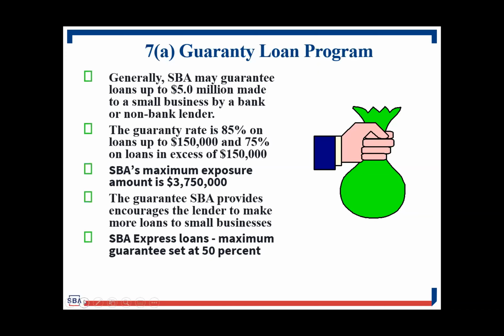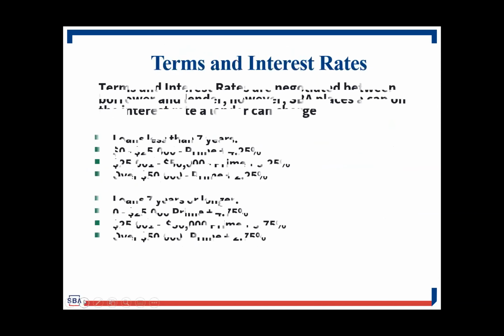What that guarantee does for the lender is give them assurance that in the event there is a default on a loan that SBA guarantees, SBA will step up to the plate and honor its guarantee of either 75%, 85%, or if it's an express loan, 50%.